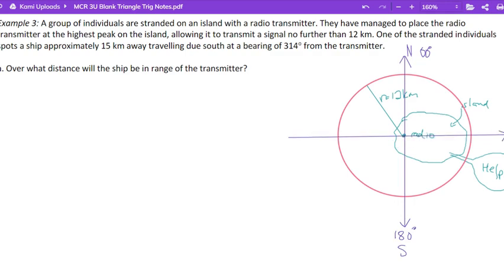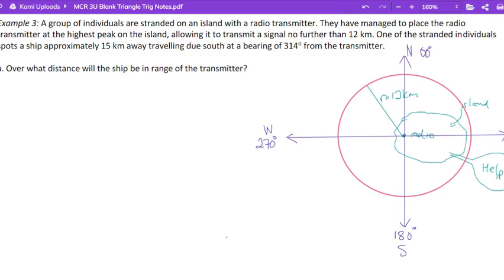East is 90 degrees, and west is 270 degrees.